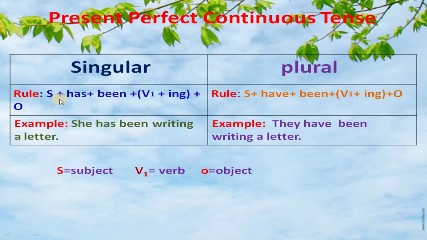Example for this rule: she has been writing a letter. And then plural rule: subject plus have plus been plus V1 plus ing plus object. Example: they have been writing a letter. The ing form is why it is a continuous tense. Here V1 means present tense.